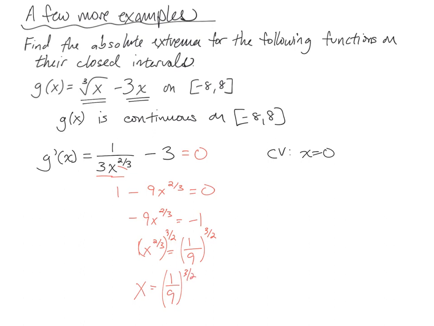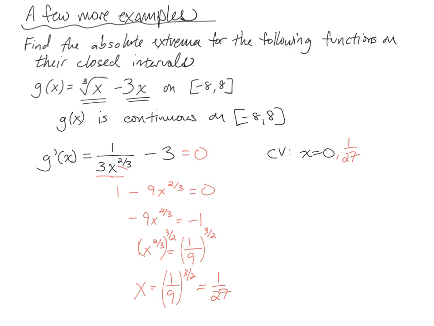Now bringing back what it means to have a 3/2 power, the denominator means we will take the root of what's in here and then we will raise it to the numerator power. So if I take the square root of 1 over 9, I'll get 1/3. And if I cube the fraction 1/3, I will get 1 over 27. So the other critical value here is 1 over 27.